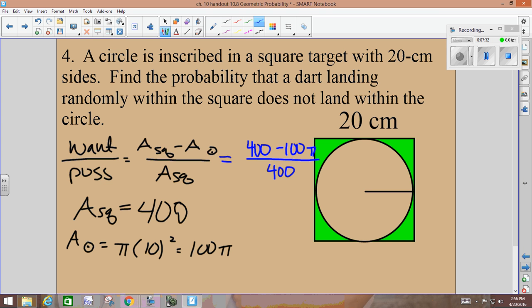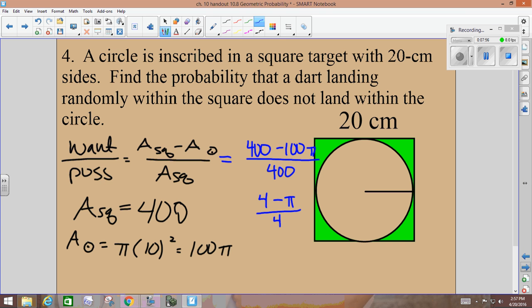Since all three of them have 100 in common, then I can factor that out or distribute it out. How many times does 100 go into 400? How many times does 100 go into 100? How many times does 100 go into 400? 4, right? Okay. This would be your probability as an exact answer in terms of pi.